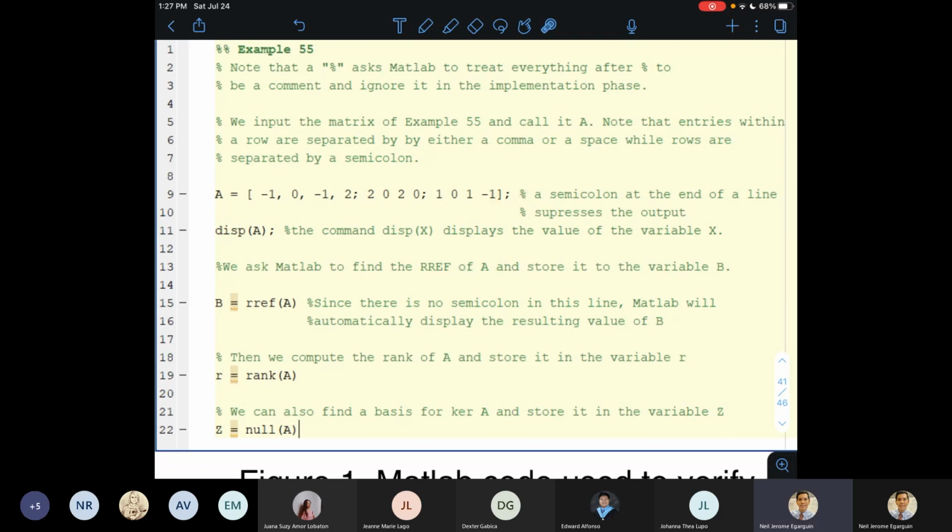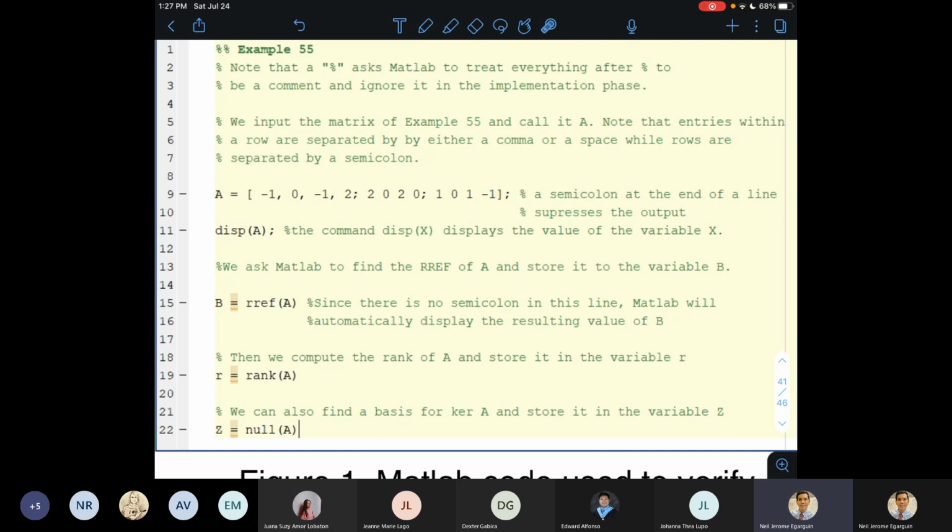Oftentimes you want to suppress the output kasi ang gagawin ni MATLAB every line. Pag may pinagawa ka sa kanya sa isang line, i-output niya kagad yung result. If you're not interested in seeing the result for a particular calculation, medyo hahaba lang yung babasahin mong command line output, lagyan mo siya ng semicolon.